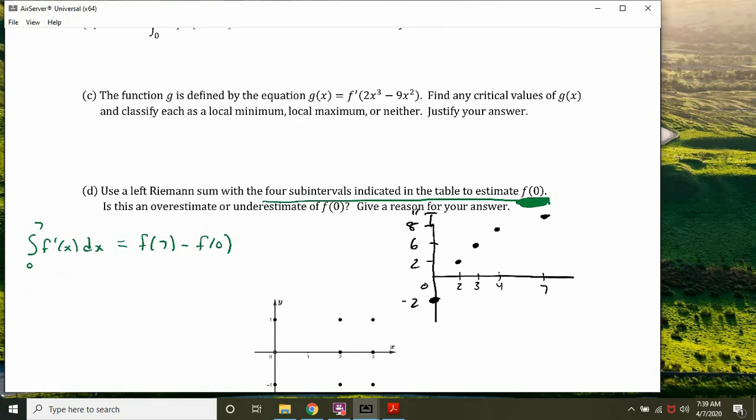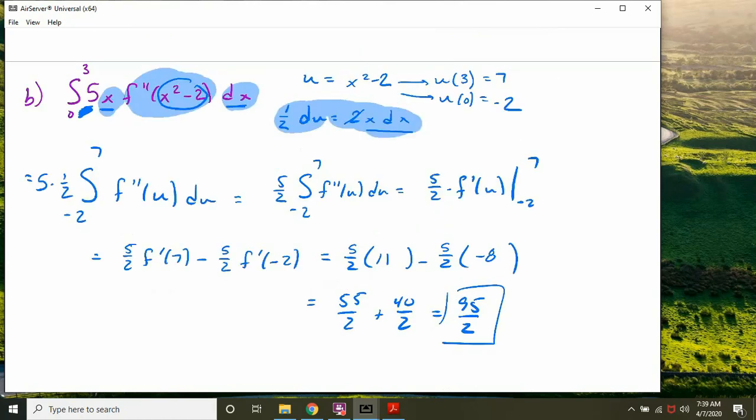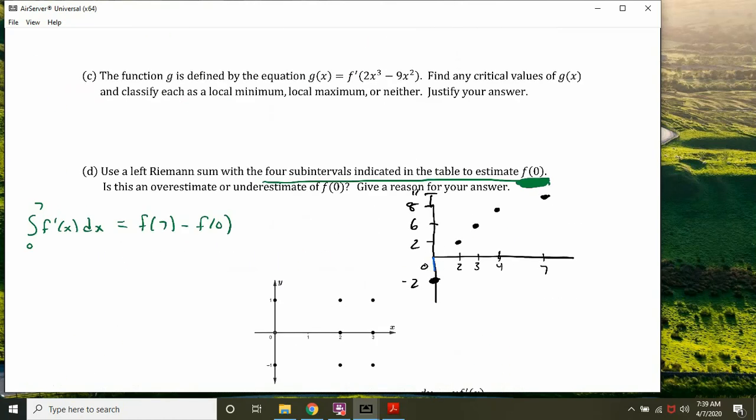Okay, so a quick scatter plot, and now we're doing a left sum. So the heights come from the left side. So actually the first one's below the axis. If I go down, I get a rectangle down there. On 2, 3, I get this rectangle. On 3, 4, and on 4, 7. So that's what our areas are going to be made up of, these 4 rectangles.